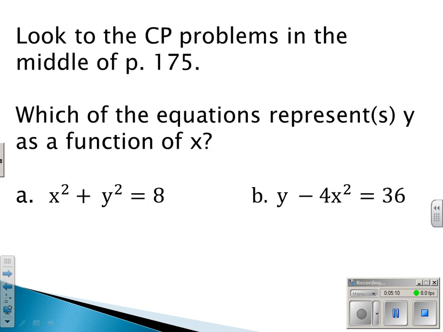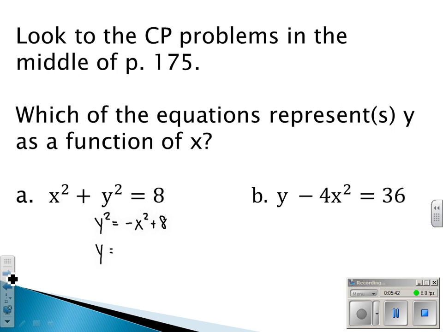Look on page 175. Which of the equations shown here represent y as a function of x? Okay, so again, if we can solve for y and have unique values of x that get us there, we're okay. So take a look at this first one. If we solve for y, we'd have y squared equals negative x squared plus 8. And then to get y alone, we would have to take the square root of both sides.